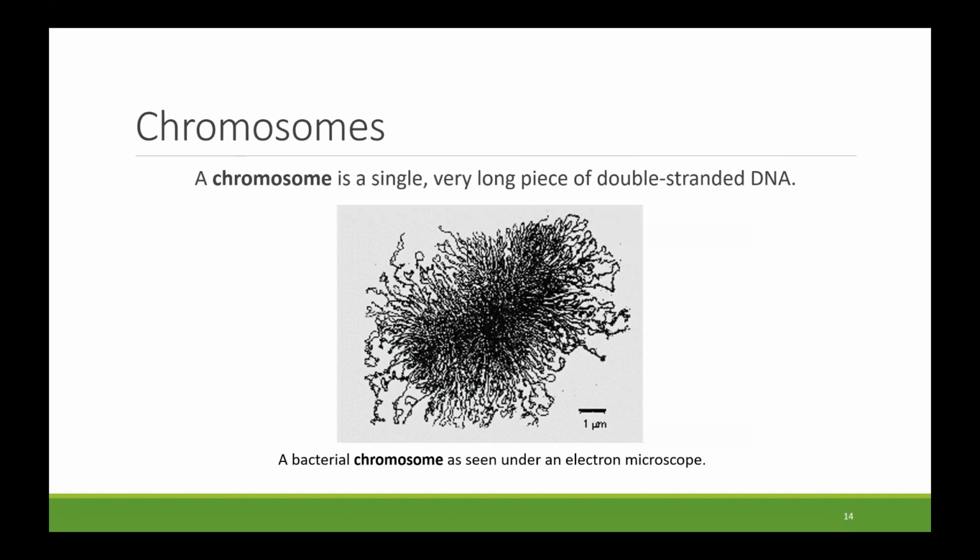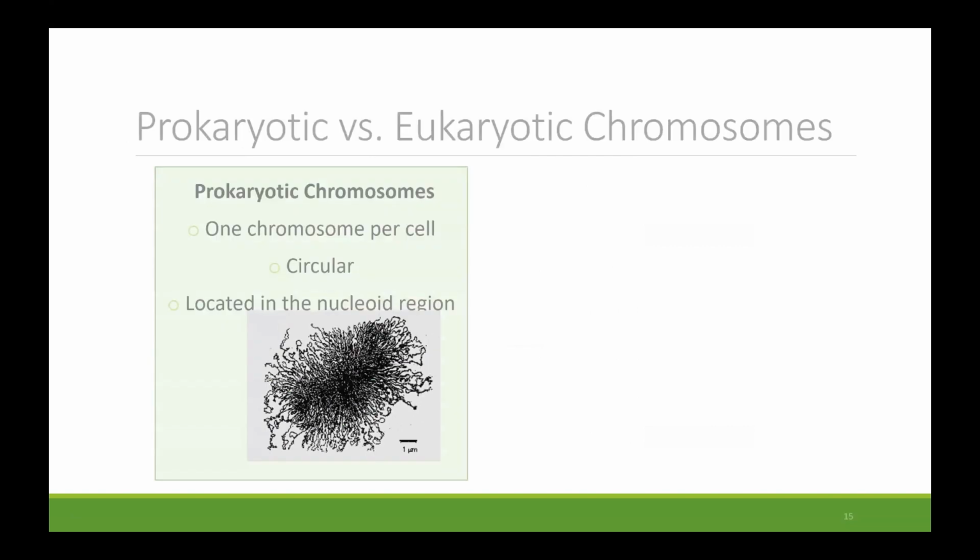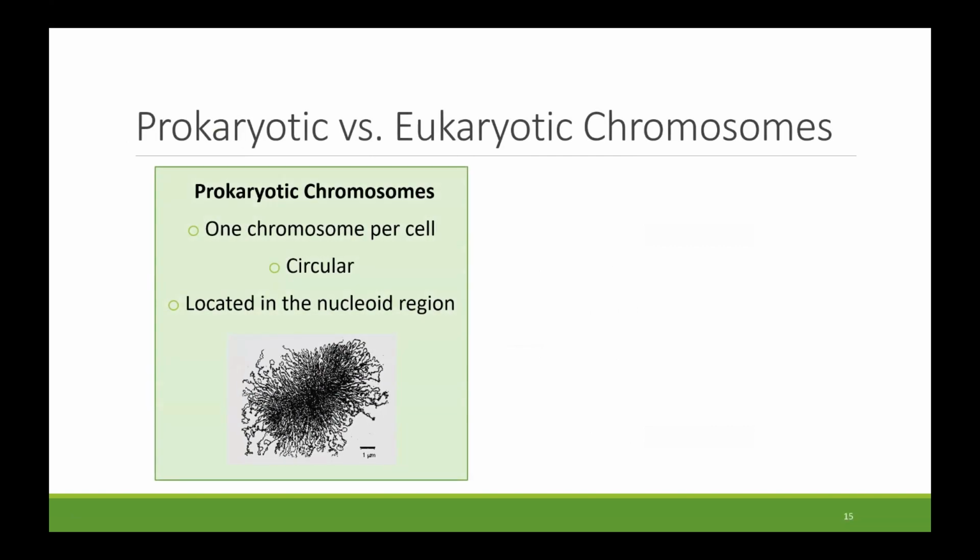Okay, so now that we've put our minds to remembering the differences between prokaryotic and eukaryotic cells, let's turn our attention back to chromosomes. Because prokaryotic and eukaryotic cells have significant differences in their chromosomes. When it comes to prokaryotic cells, they have a single chromosome per cell. That chromosome is circular, meaning that the double-stranded DNA is one really big loop.